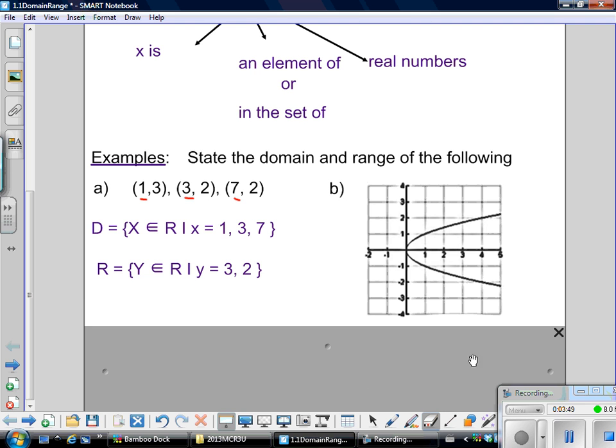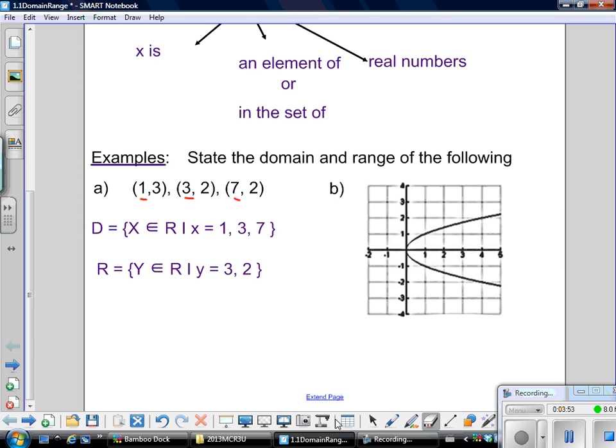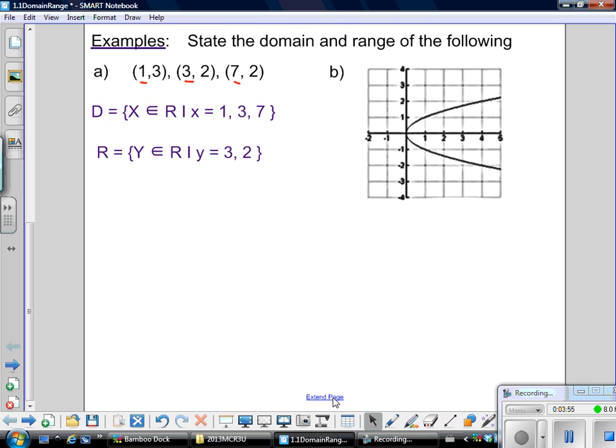It's that simple. Now sometimes we're given a graph and we're asked to find the domain and range of it. Let's take a look at this first of all. Remember, domain is the x value. If I highlight just the x-axis, you can see there are some places where we're never going to have values for x.